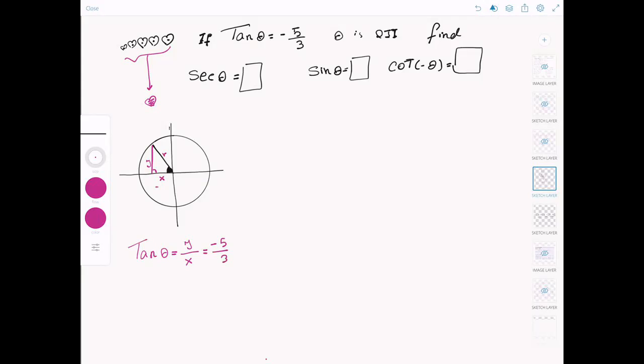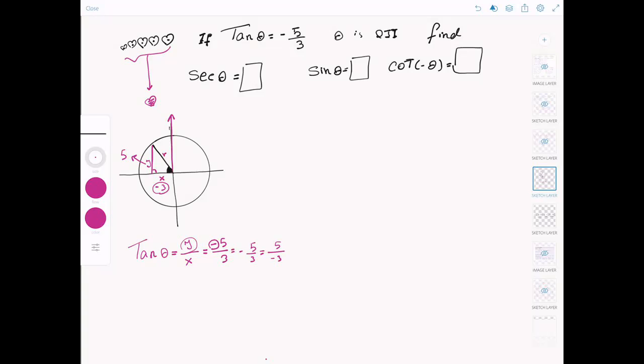So x is -3 and y is 5. The way I put it negative looks like 5 is negative, but y in this quadrant is positive, correct? So y cannot be negative. So this is the same as -5/3 or 5/-3. Doesn't matter which way. But you should know that in quadrant 2, x is negative, y is positive.